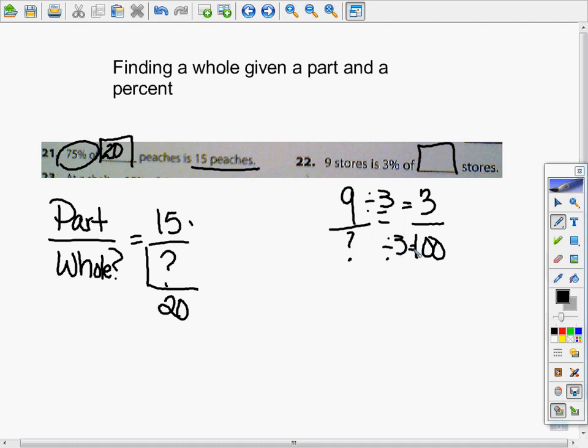Something divided by 3 is 100. Now, they're going to know that 300 divided by 3 is 100, or they're going to multiply these two things together. 3 times 100 equals 300. So 300 divided by 3 is 100.